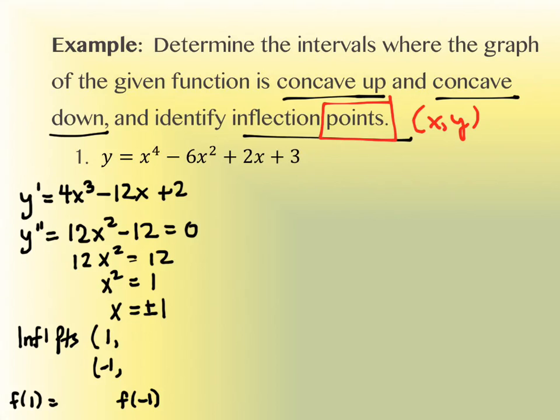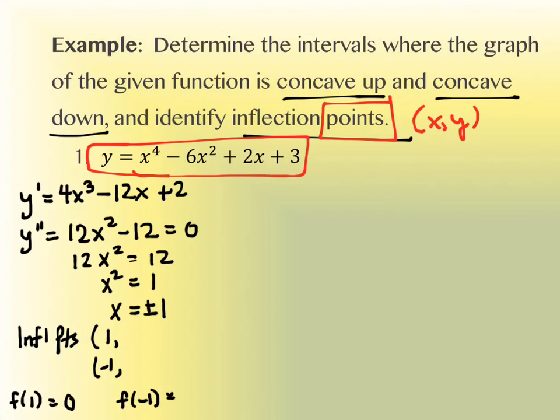So what happens when we plug negative 1 and positive 1? We'll do it one at a time. Positive 1 into this original equation up here. Positive 1 gives you 0. Okay, good. What's negative 1 give you? It's not 0.